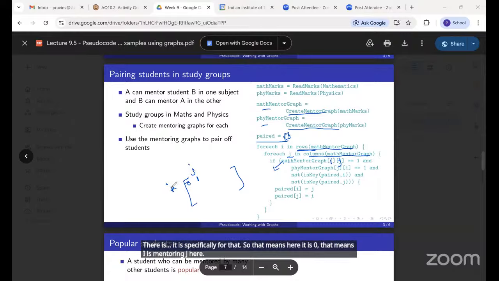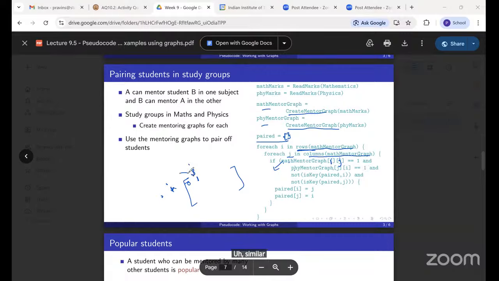And similarly, in physics, this j student should mentor i in the physics subject. That is one condition, and the other is that the key should not be present already in the paired dictionary. That means we are seeing this i and j for the first time in our paired dictionary.